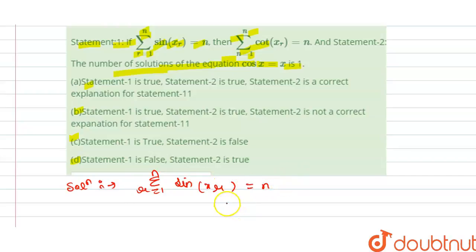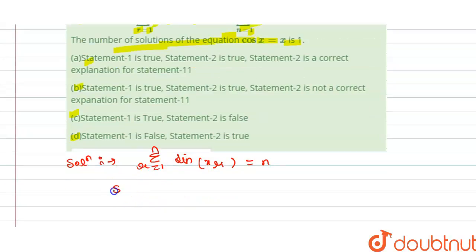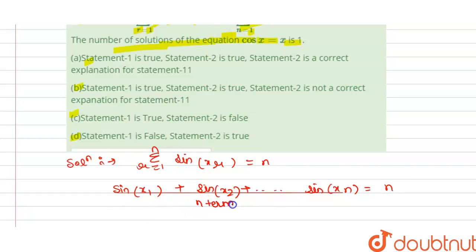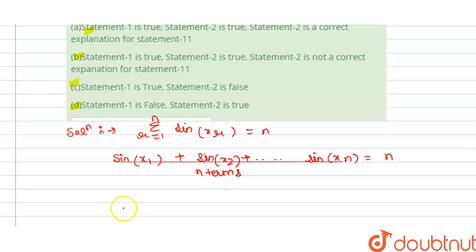From this we can write sin x1 plus sin x2 up to sin xn equals n, and we have n terms here, so we divide this by n.